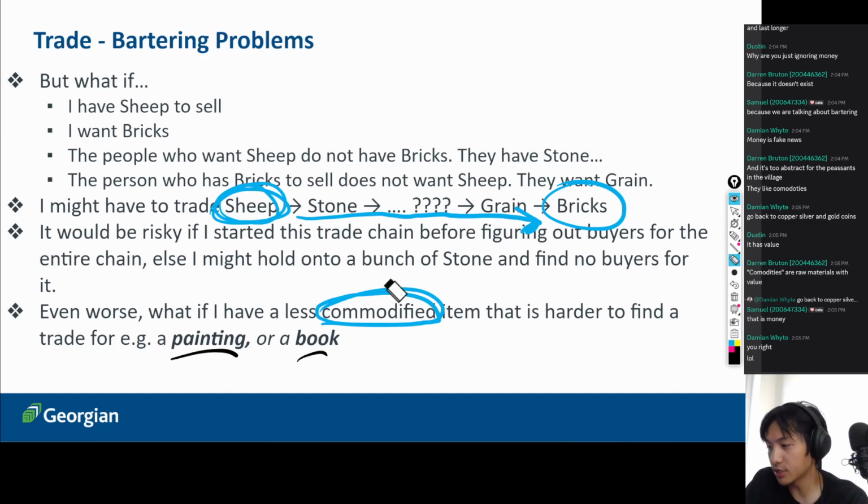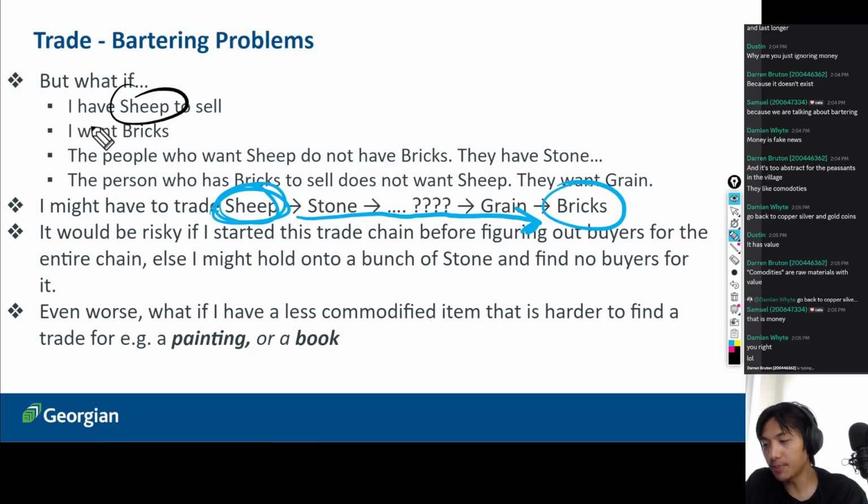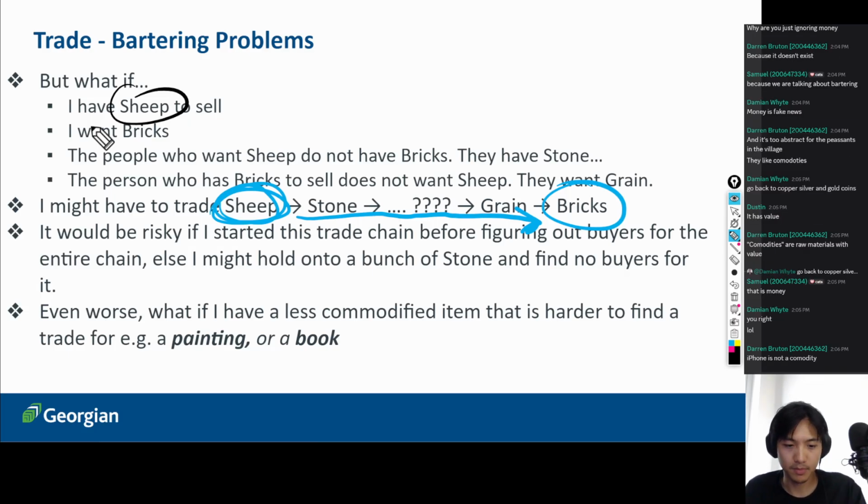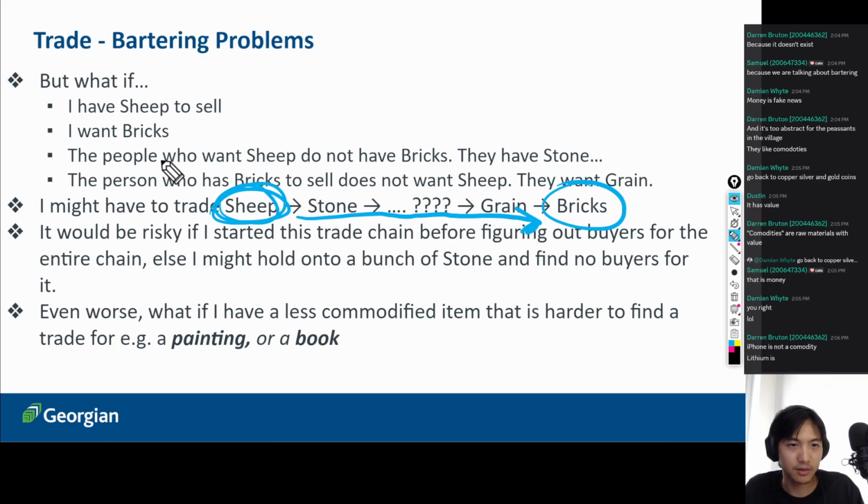The value of them changes a lot. So what if instead of sheep, I had paintings to sell? That's even harder, because I would need to find somebody who wants my painting and wants to give me bricks. That specific target market is even harder to find.